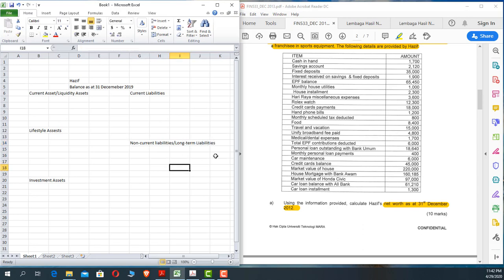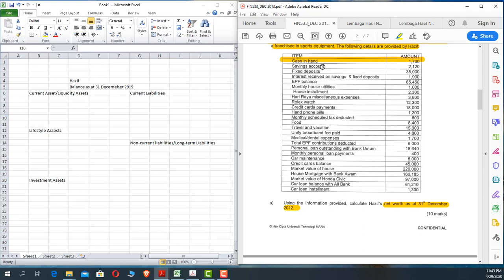Okay, so this is your first item here, cash in hand. So cash in hand ialah aset iaitu awak boleh gunakan bila awak nak bayar sesuatu ataupun nak convert into cash ataupun nak guna based on your expenses.